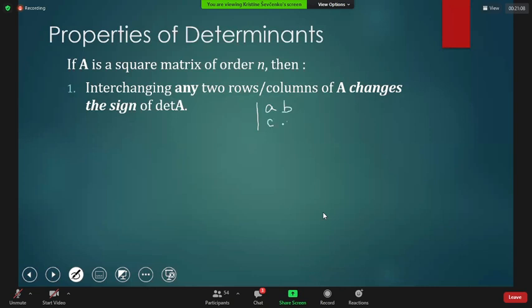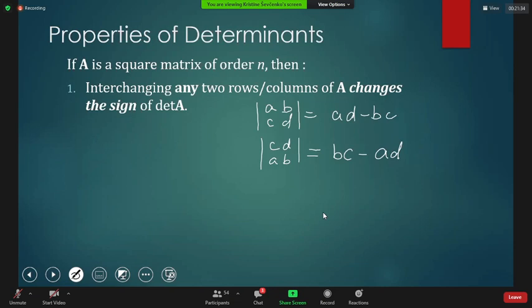A, B, C, D, we know that this is AD minus BC, according to one of the very first definitions of determinants. Now, if I exchange the rows, I have C, D, A, B. Having exchanged the rows, I see now we have BC minus AD, so it's indeed the opposite.